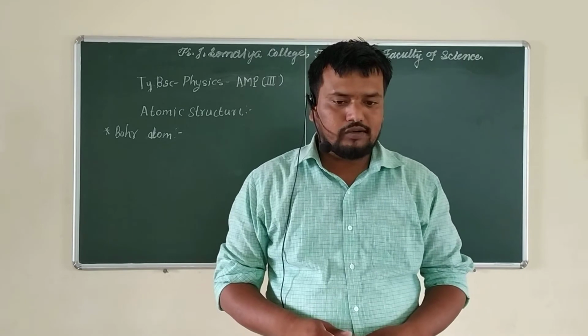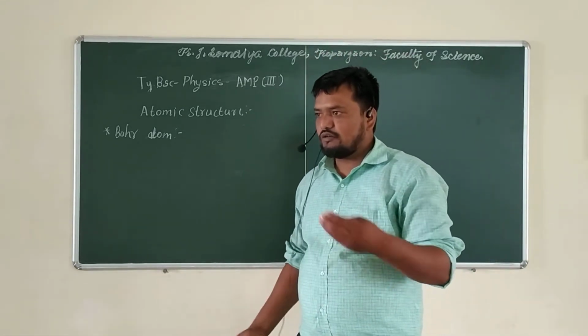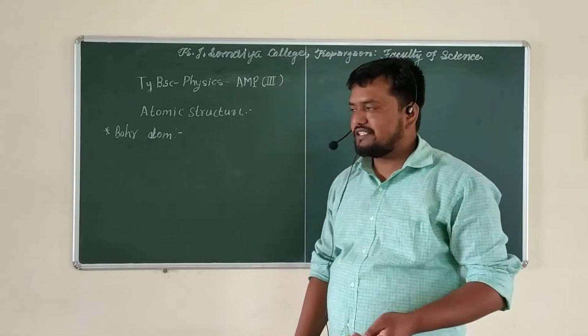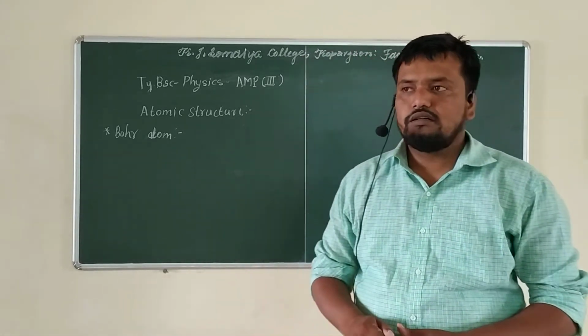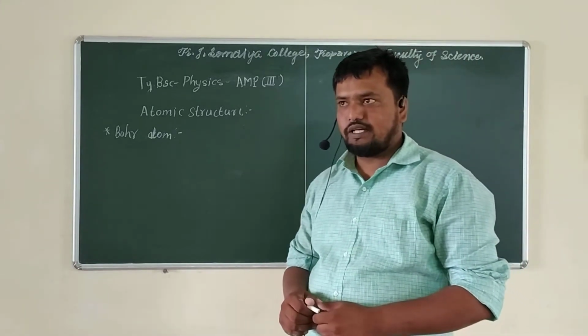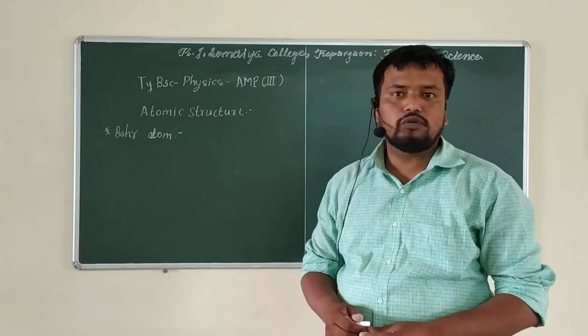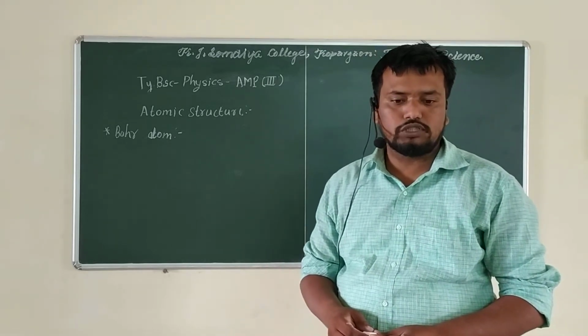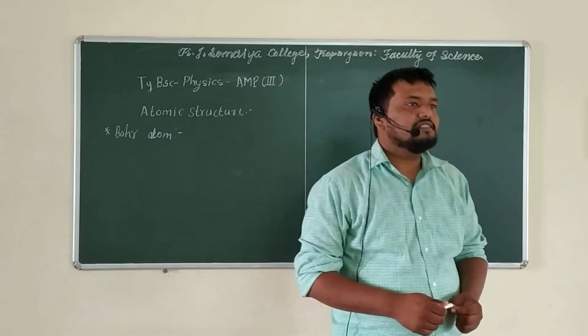Bohr's model is a satisfactory explanation of the Balmer series, Lyman series and Paschen series of the hydrogen atom and ionized helium atom, and he calculated the Rydberg constant on the basis of purely theoretical consideration.